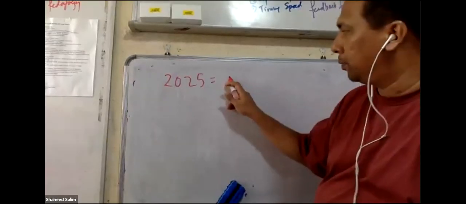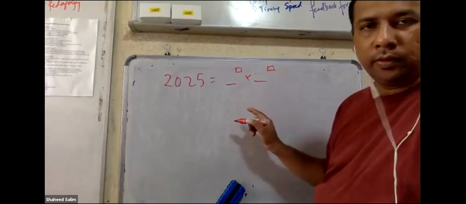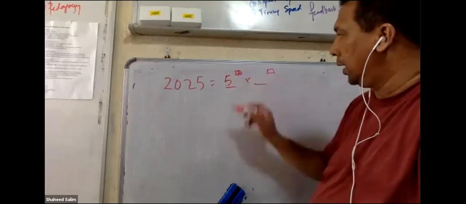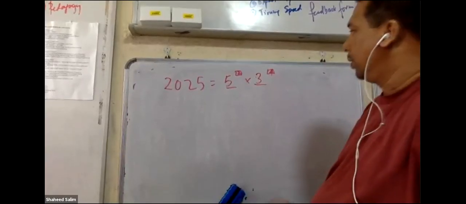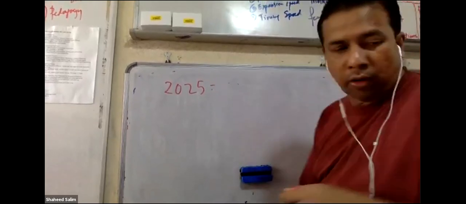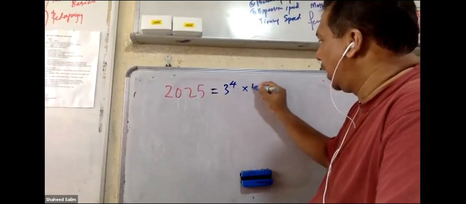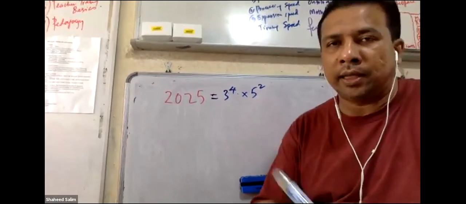What to the power of what times what to the power of what? 5 to 2 times 3 to 4. Okay. I just write it again. I'll write the smaller number first: 3 to the power of 4 times 5 to the power of 2. Correct? Is this correct?